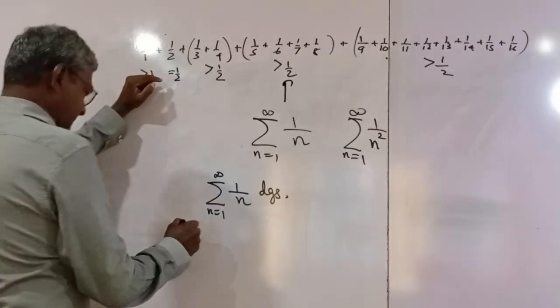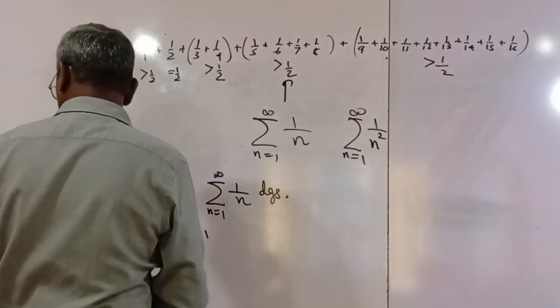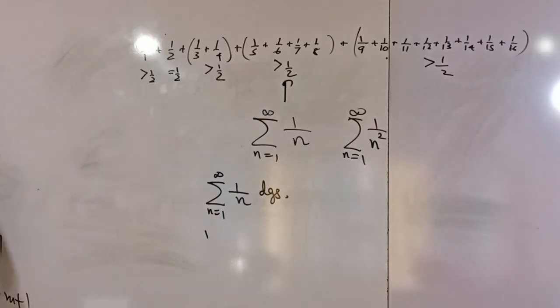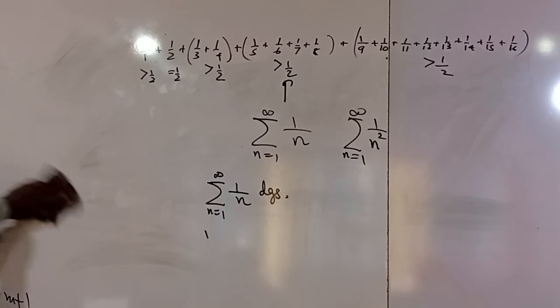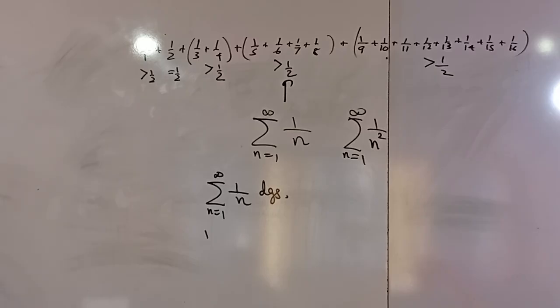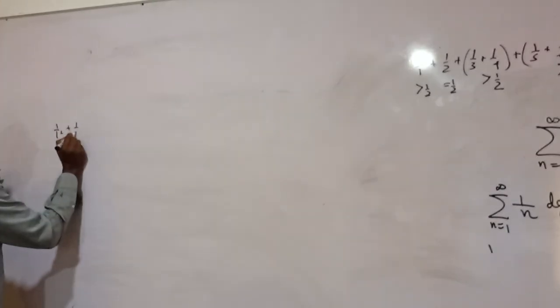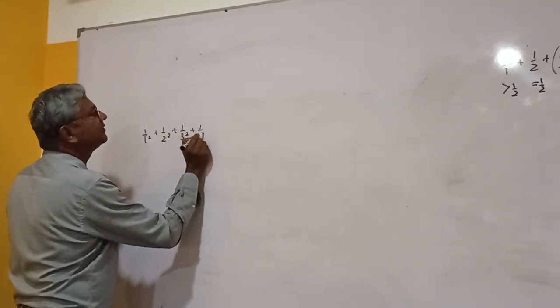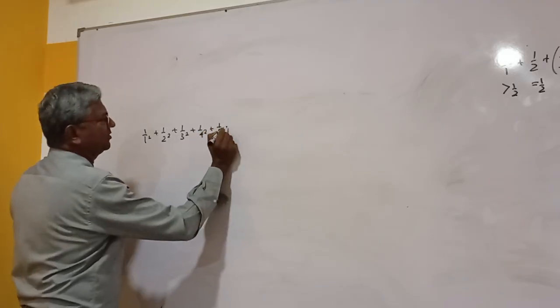But there is another way of doing it. Sigma 1 over n squared: 1 over 1 squared, 1 over 2 squared, 1 over 3 squared, 1 over 4 squared, 1 over 5 squared, and so on, say up to 1 over 8 squared.